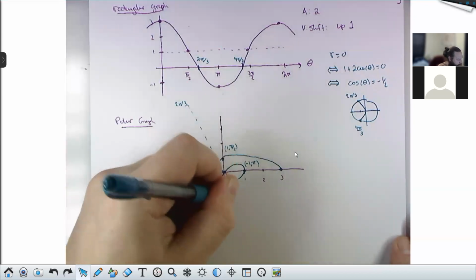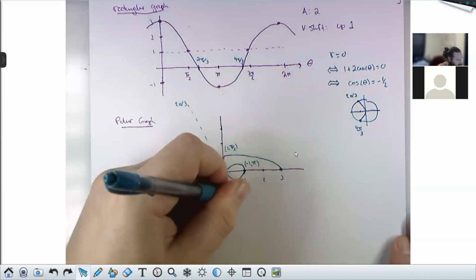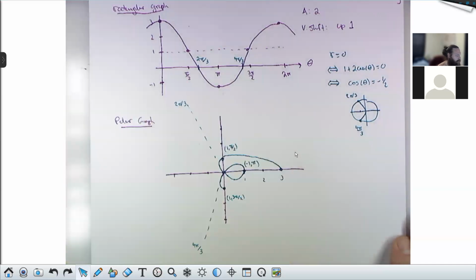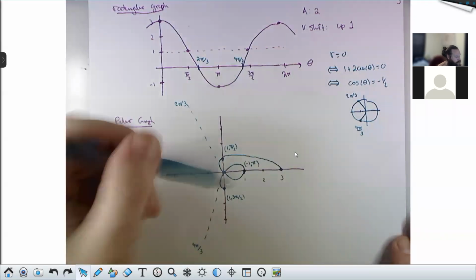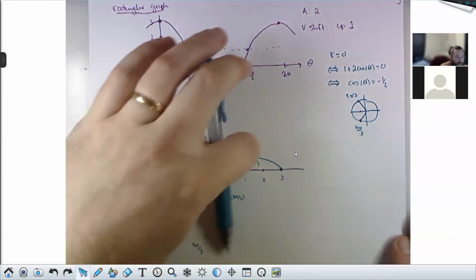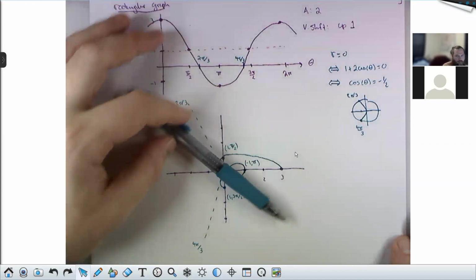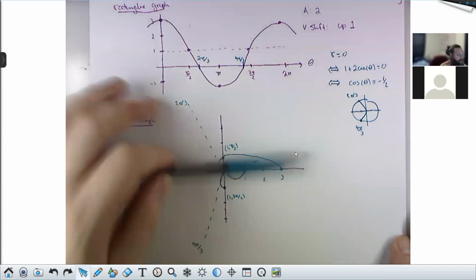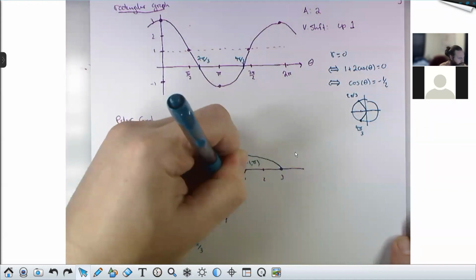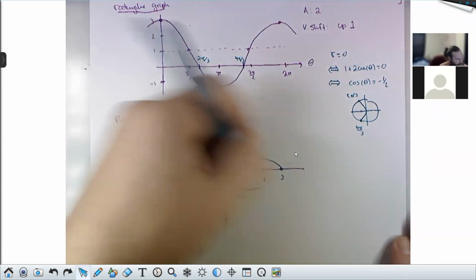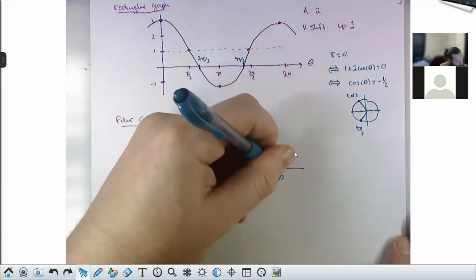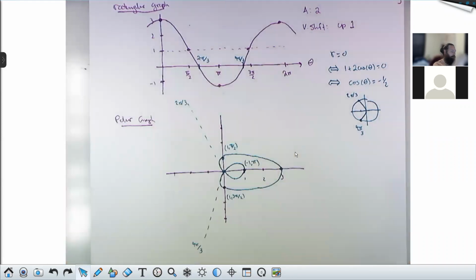This is 1, comma 3 pi over 2. And then as theta progresses from 3 pi over 2 towards 2 pi, as my arm finishes this rotation around like this, we're going to run out to meet that point. Like this.